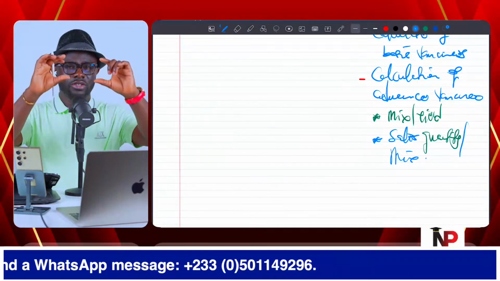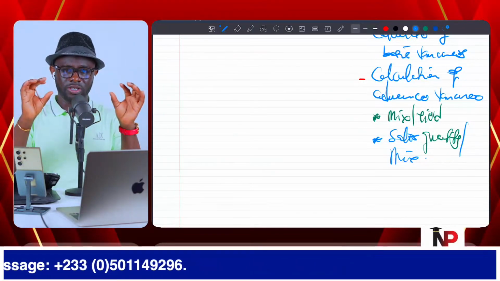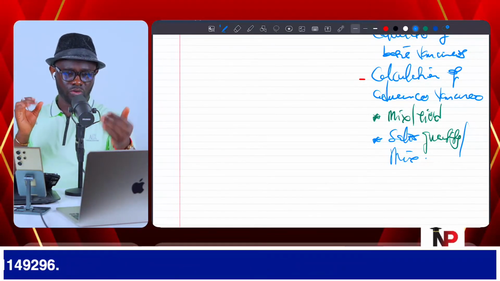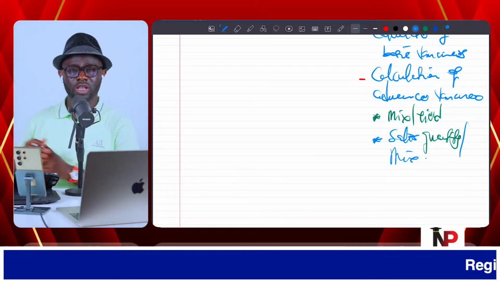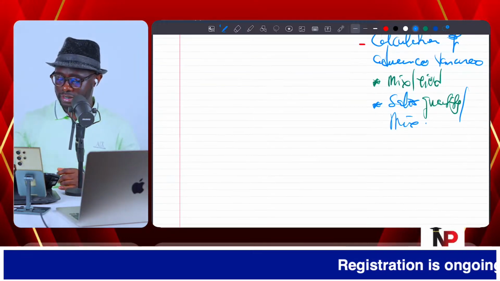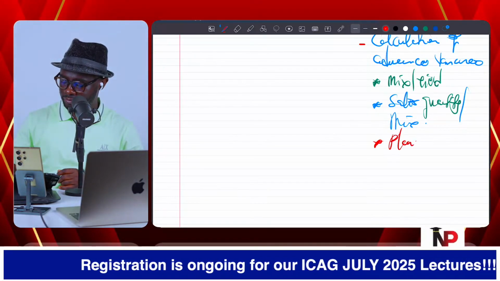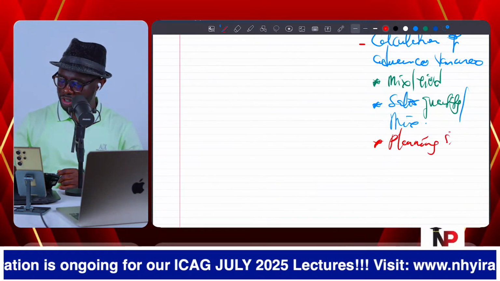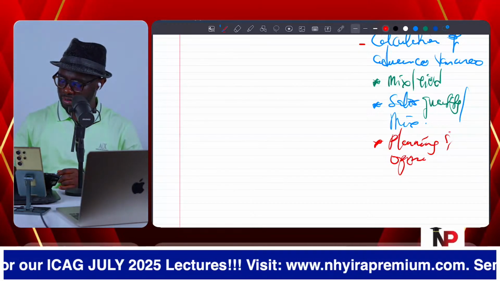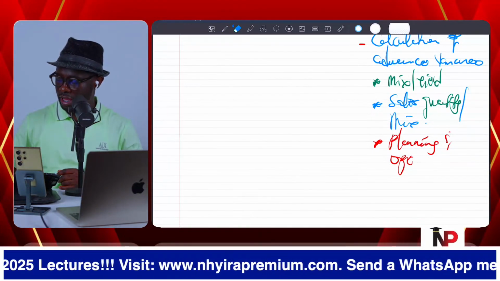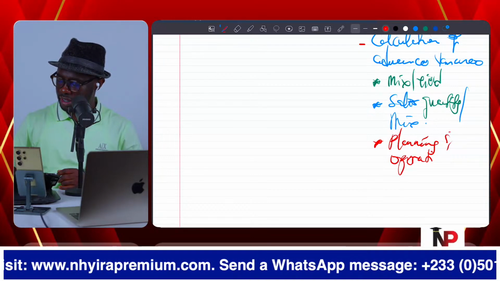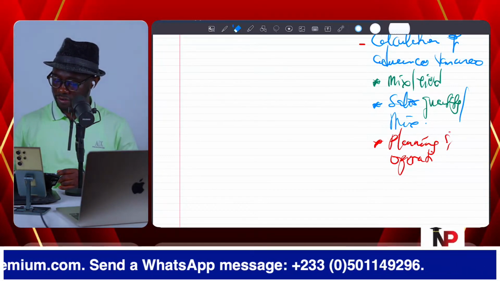The material usage variance, when we separate it into the two, that is where we have the mix and yield variance. Those are the advanced variances, and there are some other complex issues like the planning and operational variances, like material price planning variance.